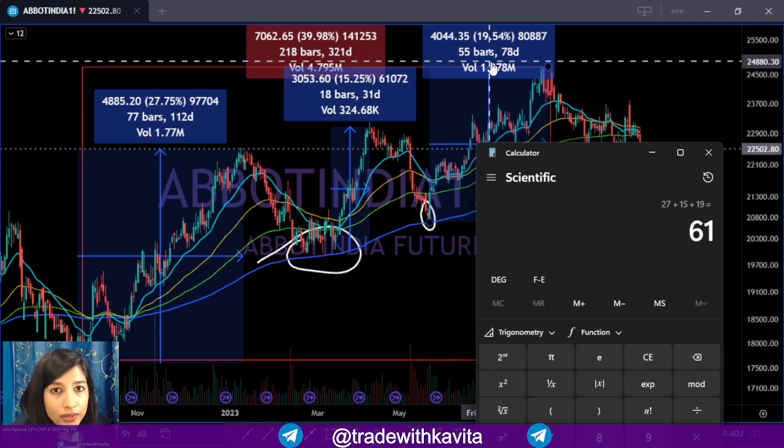So there is a very valid argument against swing trading, that your transaction cost goes up and your tax payout increases. Obviously, because the long-term capital gains tax is a lot lower than the short-term capital gains tax, right? But here your return profile is increasing a lot.